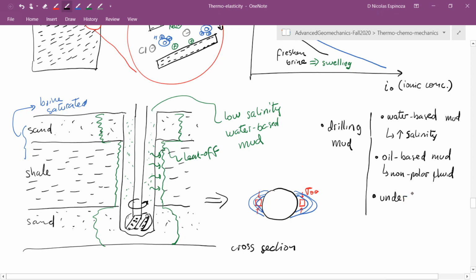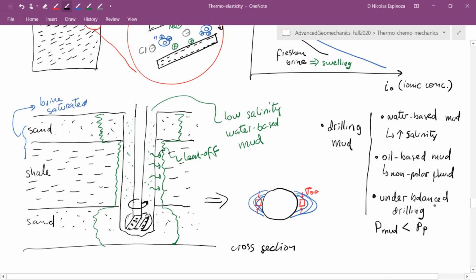And this is what is called underbalanced drilling, in which the pressure in the drilling mud is smaller than the pore pressure in the formation.